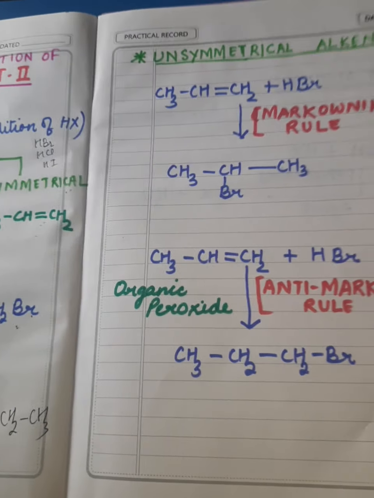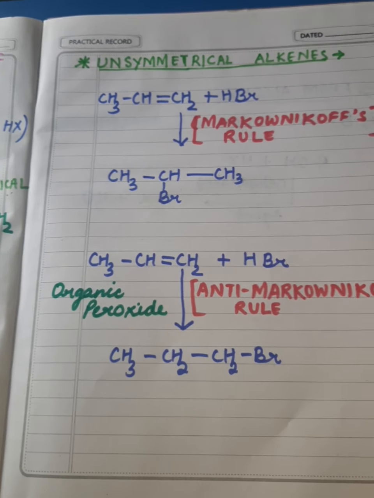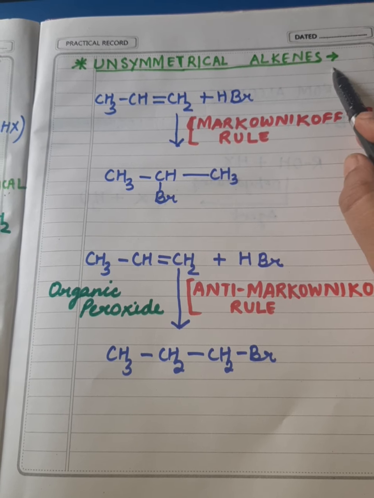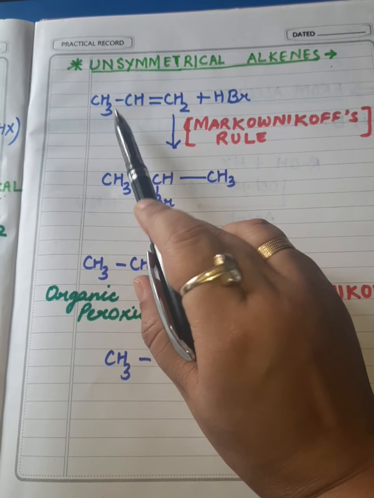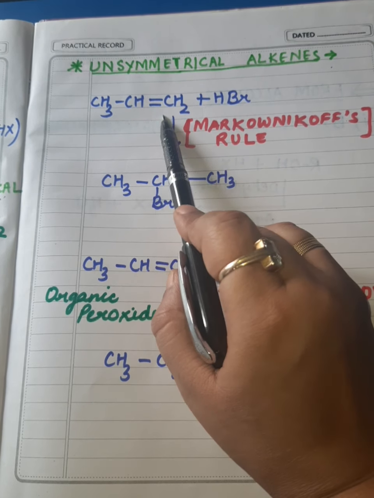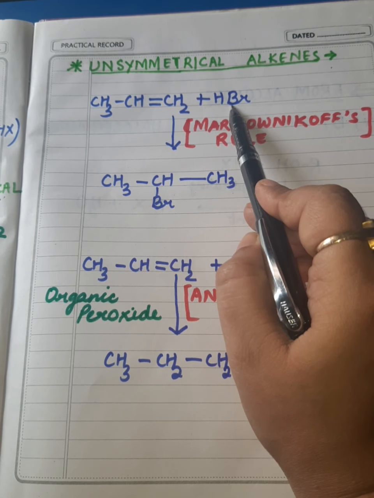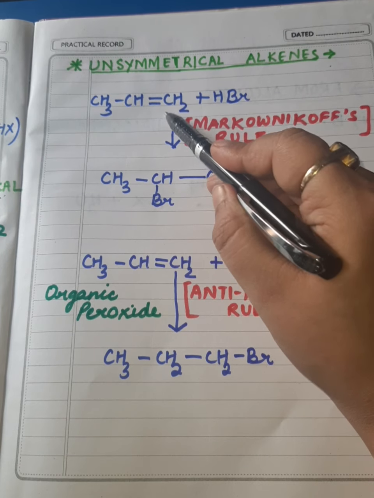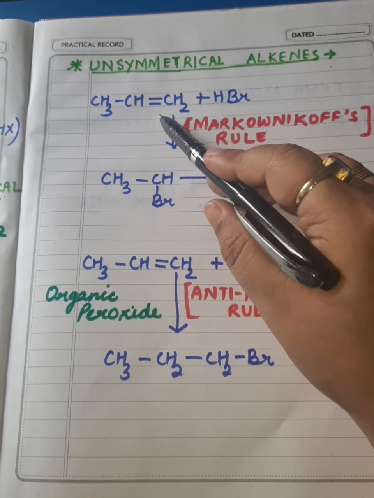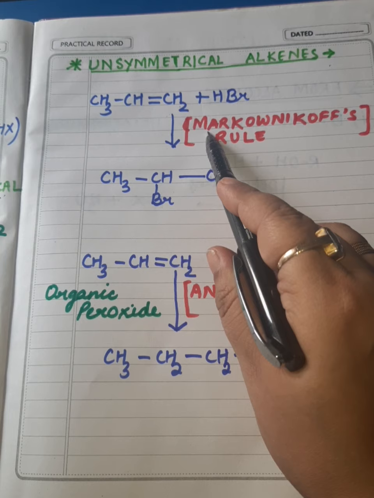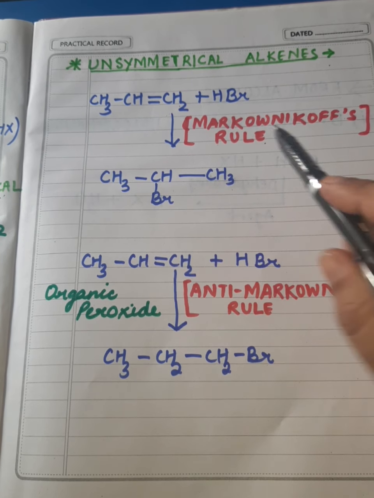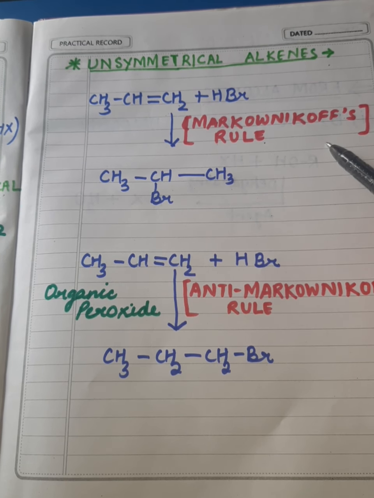Now, what if we have unsymmetrical alkenes? The best example is propene, a very simple example. When it reacts with HBr, the addition to unsymmetrical alkenes always takes place according to Markovnikov's rule, which you have studied in class 11th.